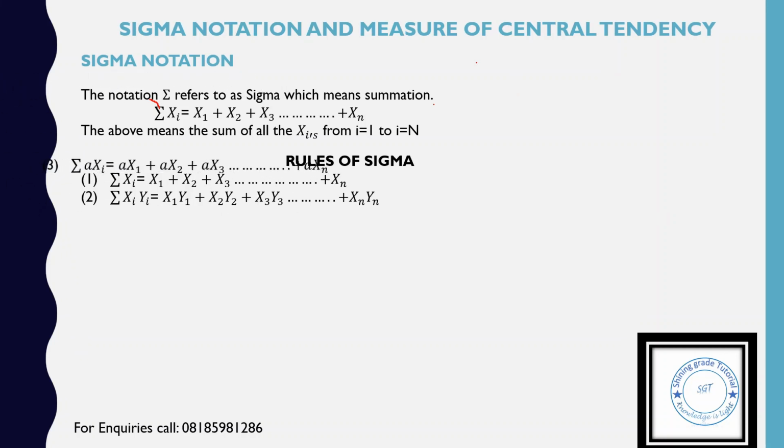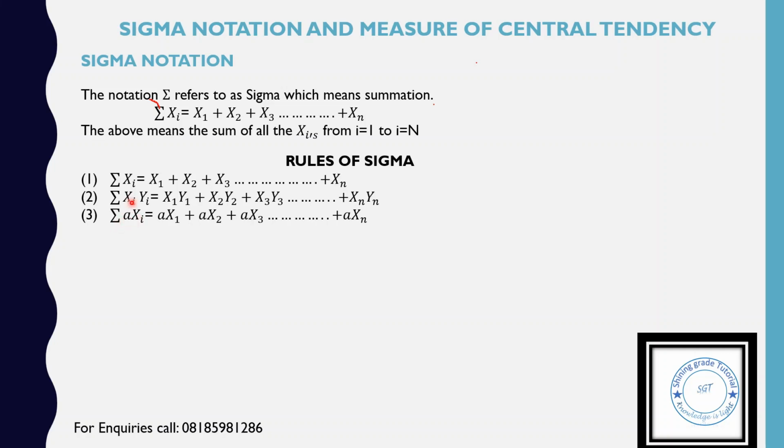Another rule is this. When we have a constant number, we have sigma, the summation of a times x with index i.